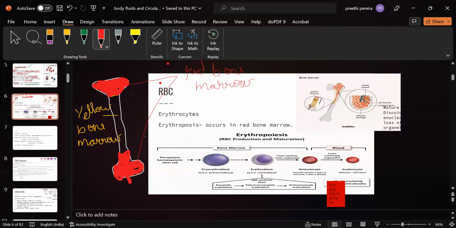So on the top surface you have red bone marrow. इसी red bone marrow से बनता है RBCs. Okay, RBC is produced from this bone marrow.